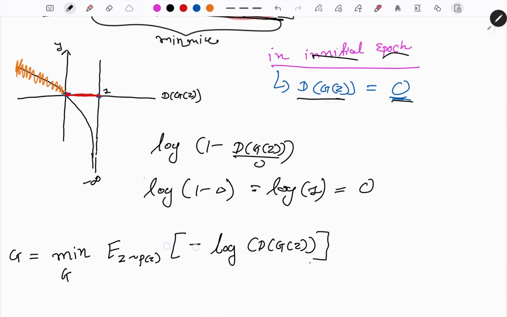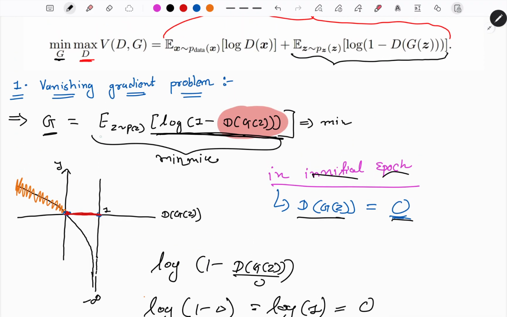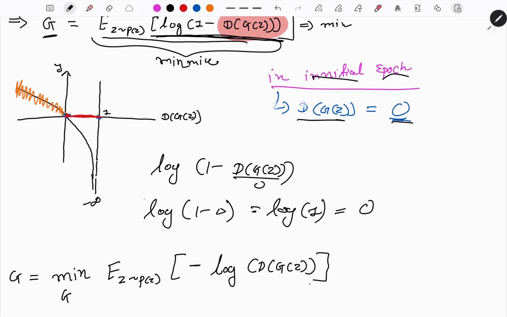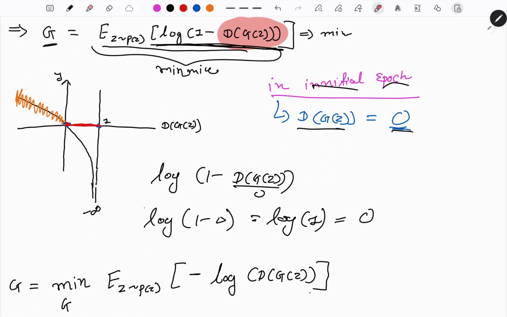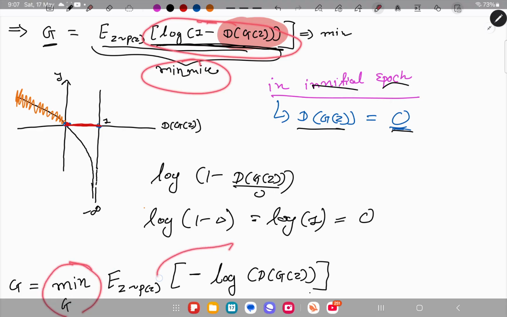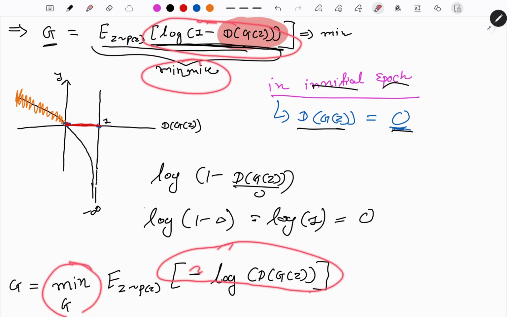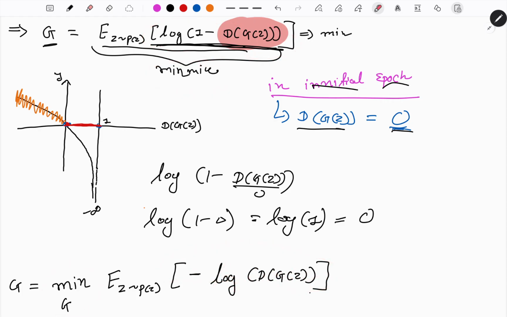So instead of minimizing the term log of 1 minus D of G of z, what we are doing right now is minimizing minus log of D of G of z.